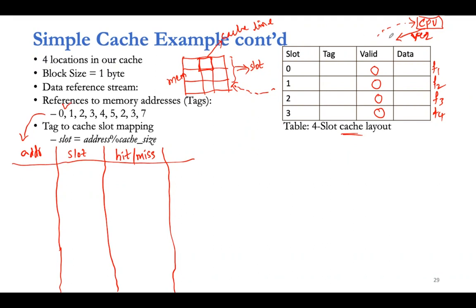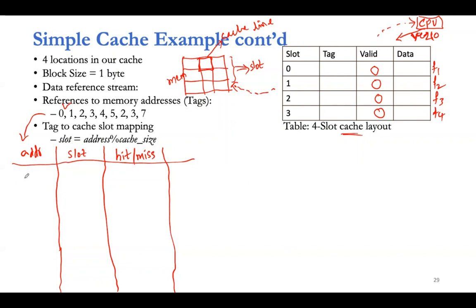Because, as we said, this is direct mapped caching, when the CPU sends a request for address 0, in the 0th slot it will go and check the validity of the data. Here it is 0, which means invalid data, no data is there.